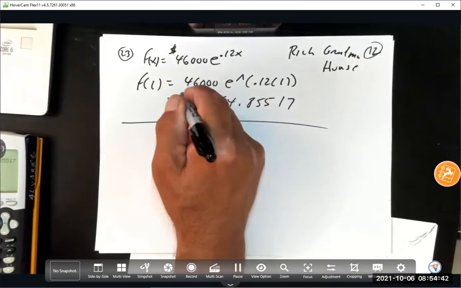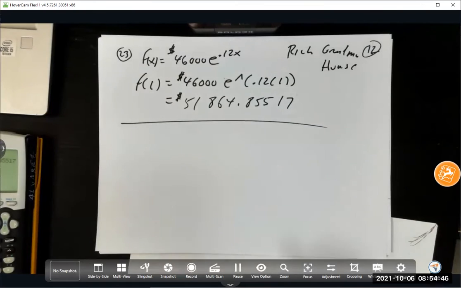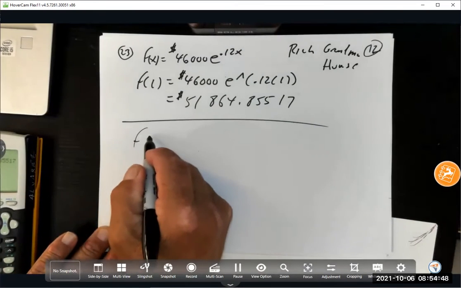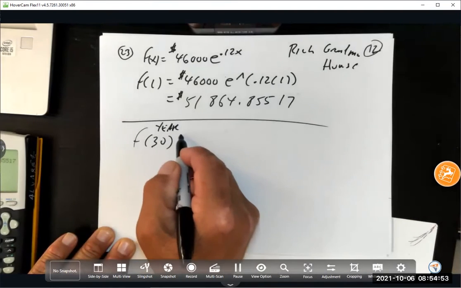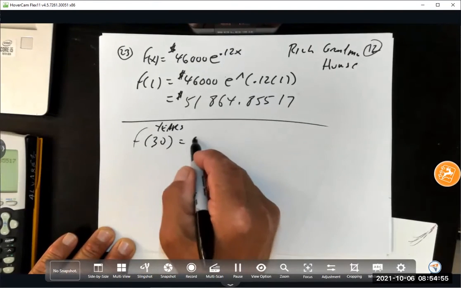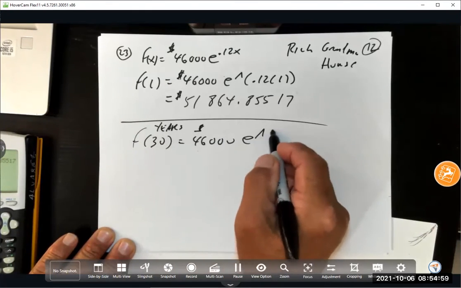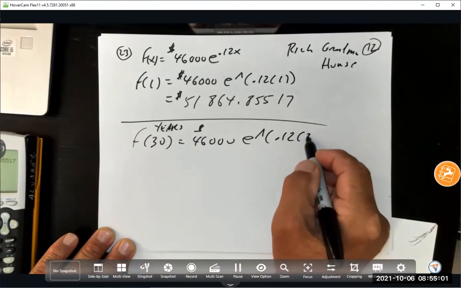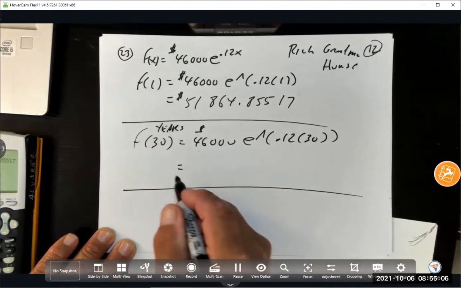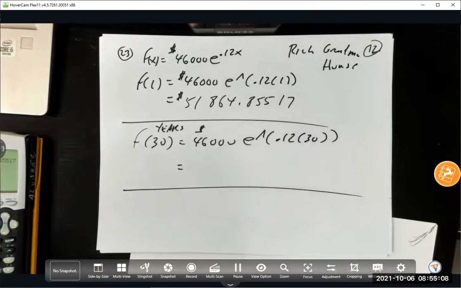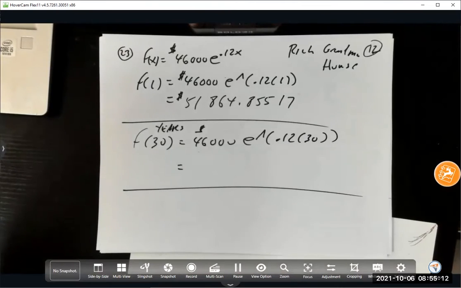Yes or no? Yes. And you tell me the other one. F of 30, when 30 years go by. Your rich grandma's going to sell her house, a $46,000 house. She's going to sell it for whatever she gets 30 years later. So this is what she gets. You do that one. I'll wait for y'all to give me the answer.